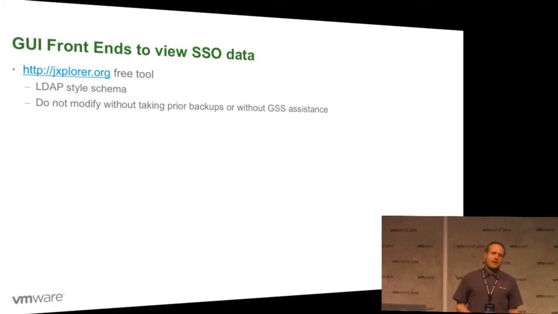So if you do not have GSS on the line assisting, or you just want to poke around, make sure that you do not change any settings, especially the delete key should be a no-go in all ways without a prior backup of SSO. I've seen people really destroy SSO with that, and destroy beyond repair, even after a backup.